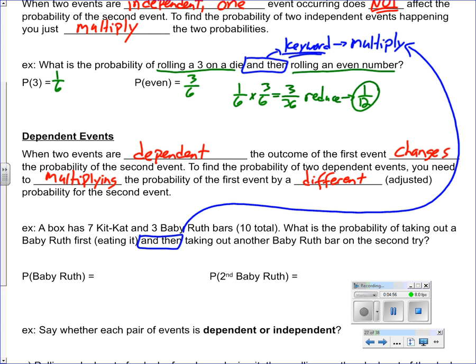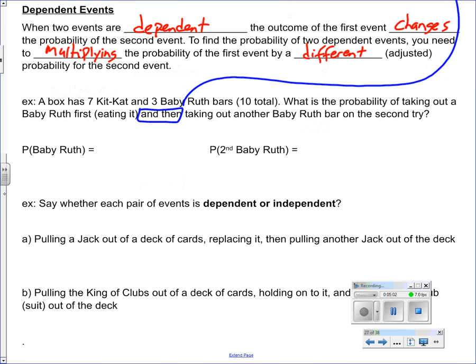That's whether it's dependent or independent, and then still means we're going to be multiplying. We look at the probabilities for each event. So the first event is taking out a Baby Ruth first. So there are 3 of those in the box and 10 total candies.